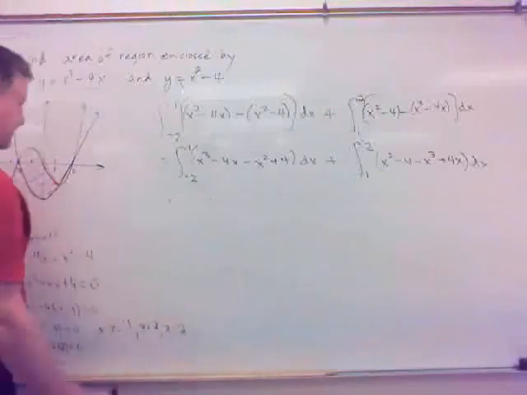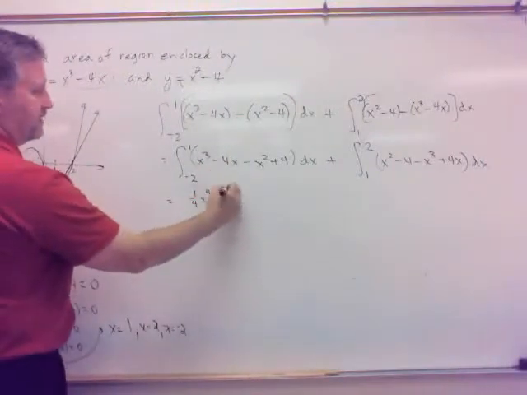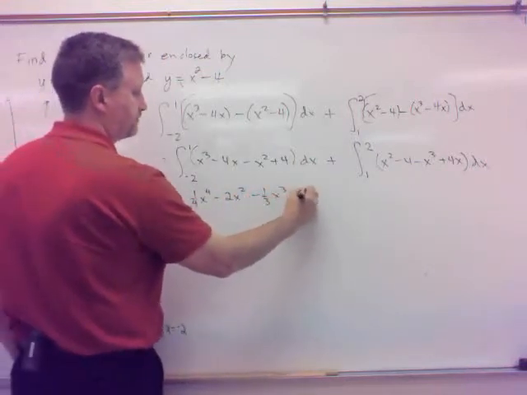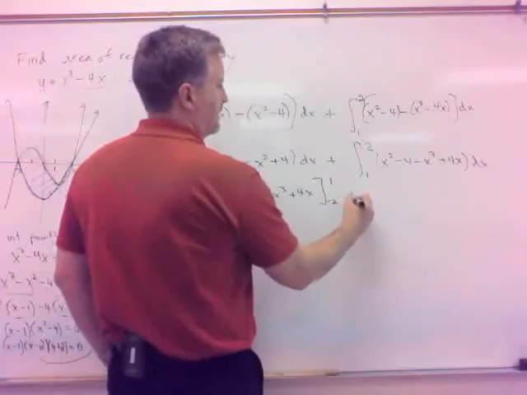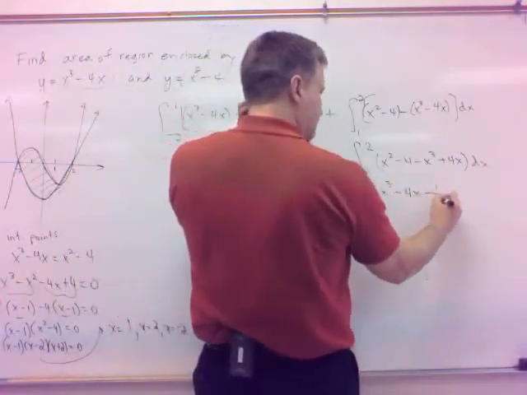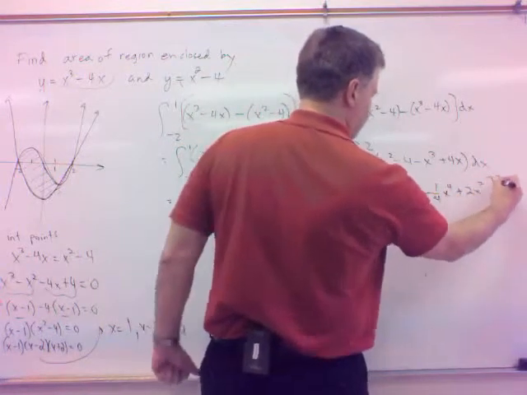All right. So a little bit of work we got it. 1/4 x to the 4th minus, that'd be 4 halves, will be 2x squared minus 1/3 x cubed plus 4x from -2 to 1. And then this will be 1/3 x cubed minus 4x minus 1/4 x to the 4th plus 2x squared from 1 to 2.